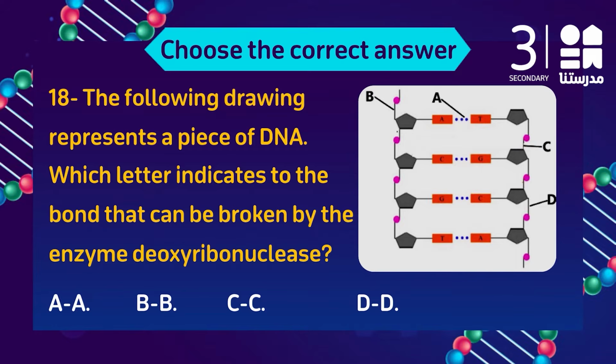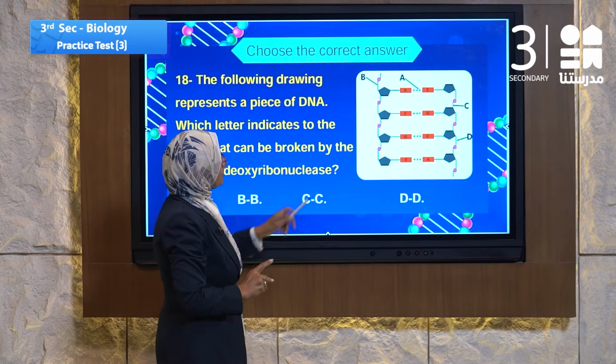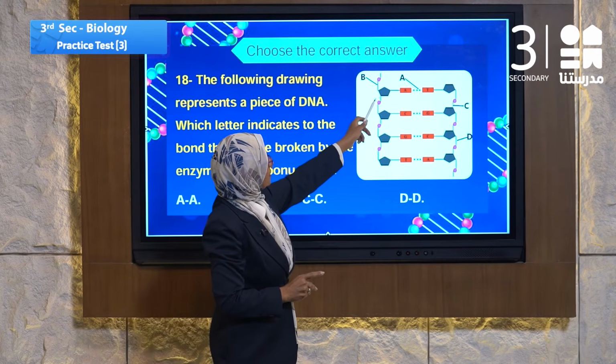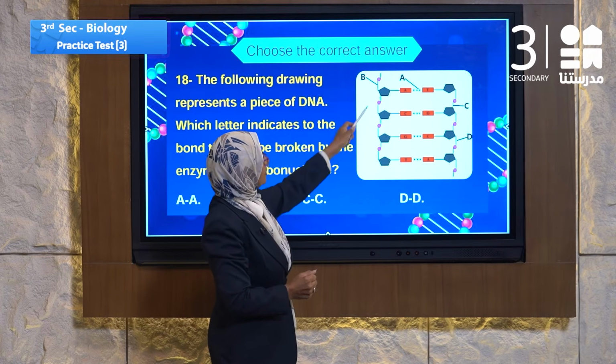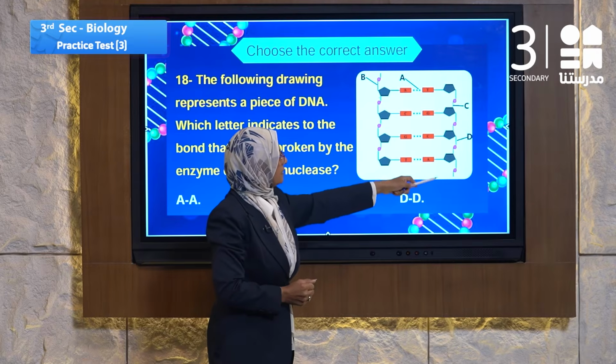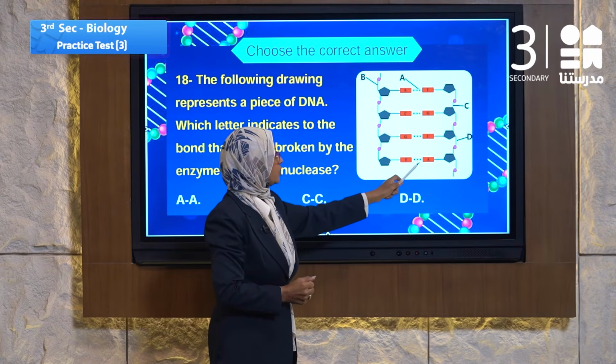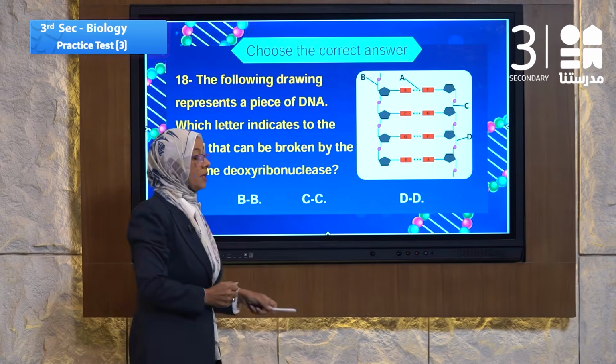Double helix. There are 2 parts, 2 letters. The letter here is about sugar, ribose sugar, deoxyribose sugar, and phosphate group here and here, and there is a nitrogenous base with a bond between them.